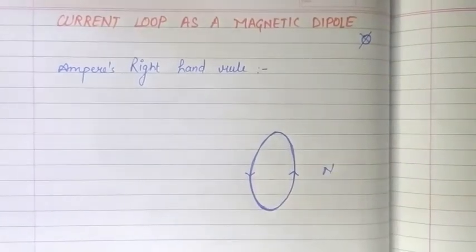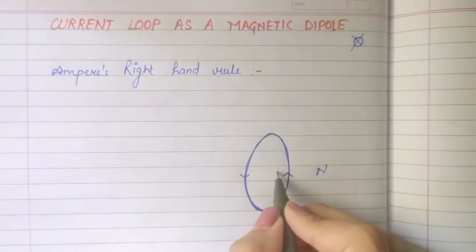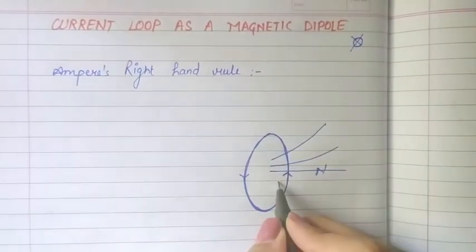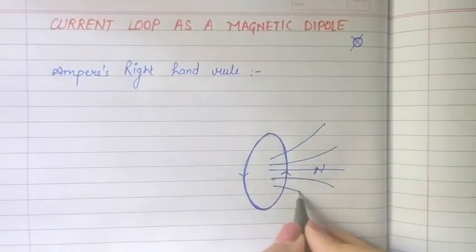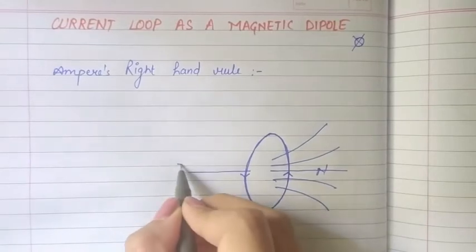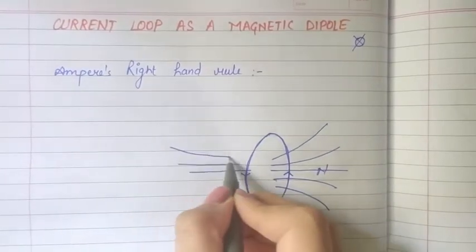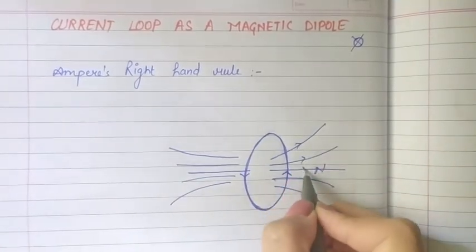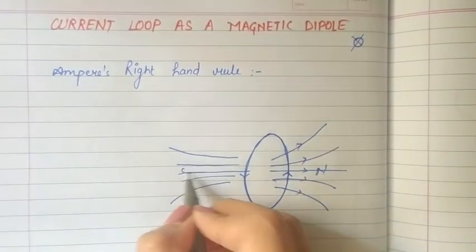If it is the case, then the magnetic field lines must be starting from north pole like this and end at south pole. So these are like this, and we have to make arrows just to show what is the direction. So these are starting from north and end at south.